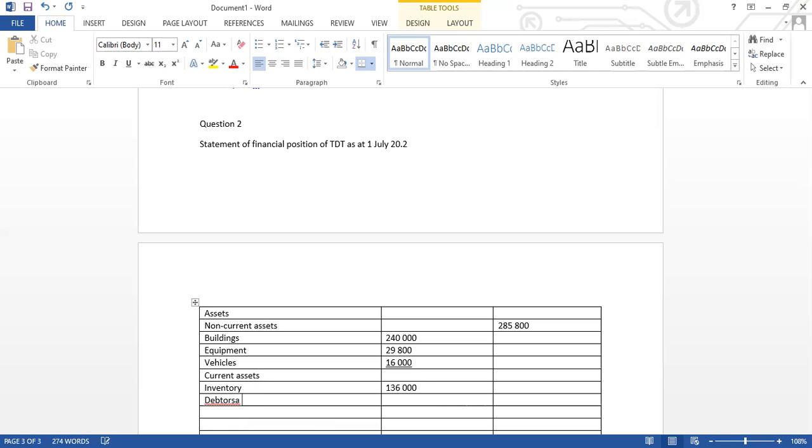Debtors were also revalued at how much? 55,400, and not 68,000. Do we have any other current assets there? No. Okay.